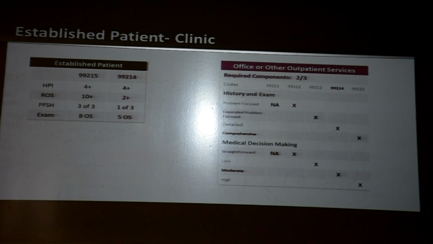What we're seeing in this one is, every once in a while, the HPI, not a huge issue. Your ROS, as long as you have at least 2 pertinent systems, we're going to be able to capture it. And the past family social history here is much easier. It's one of the 3. Believe it or not, there are times where that's not on the chart. We only need 1, and I'll show some examples of what's considered acceptable as a past family social.